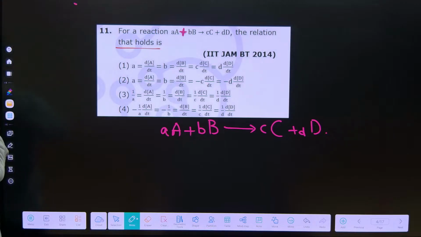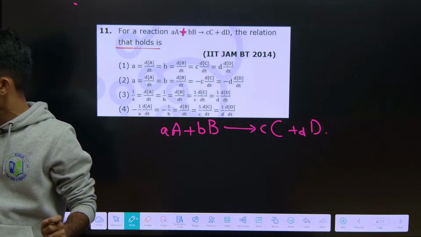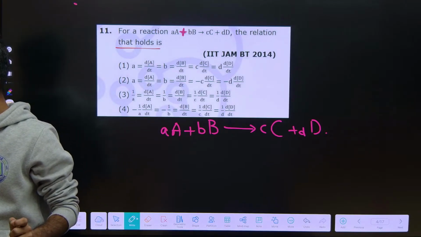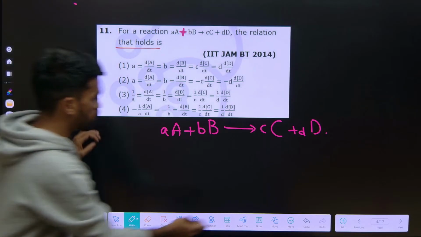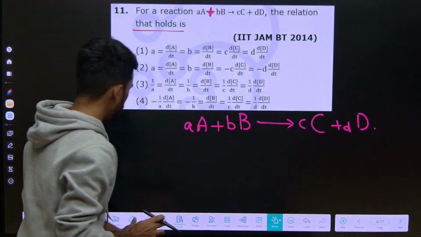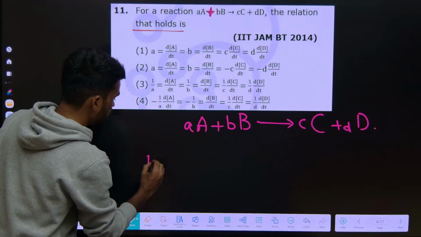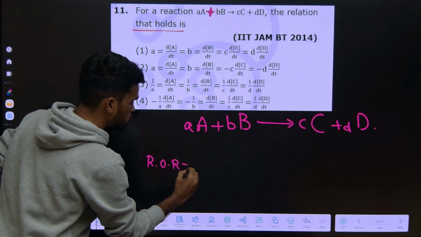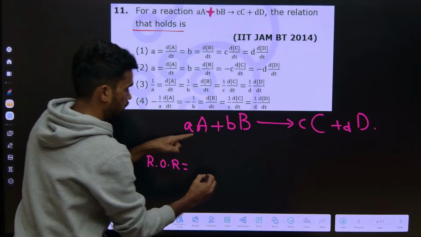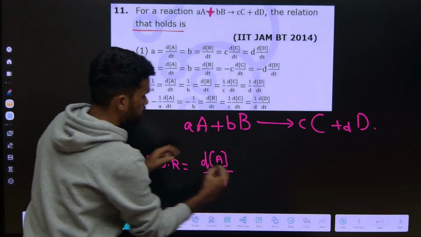If you are following the session, just tell me your answer in the chat box, because I am very confident that you have got clarity on this topic now. Just look at this. These are the reactant sides. So the rate of reaction is equal to, how can we write, the change in concentration of A with respect to time, dA by dt.